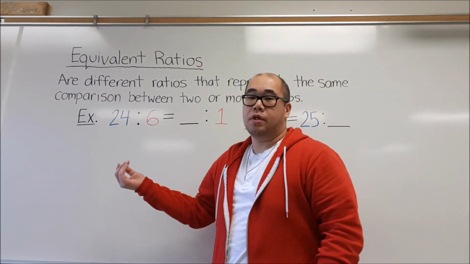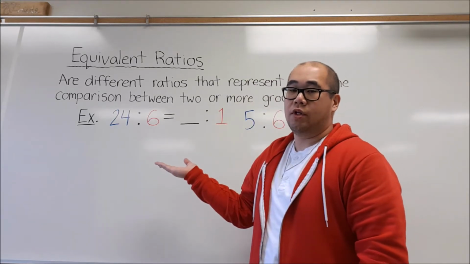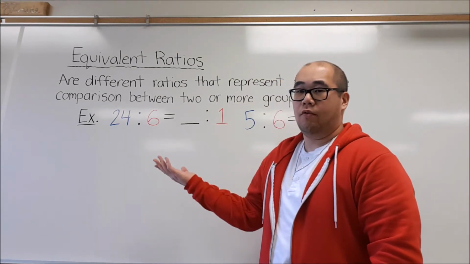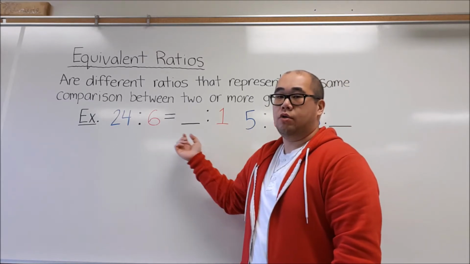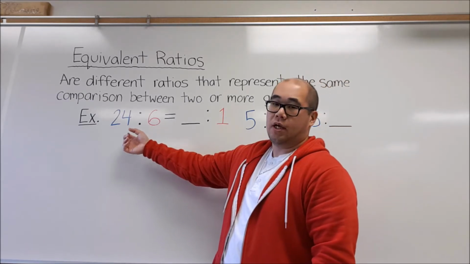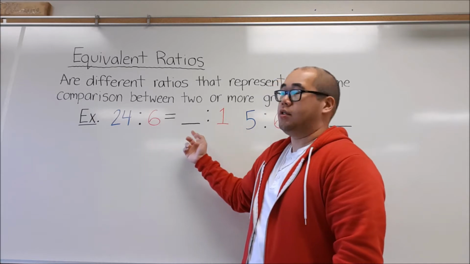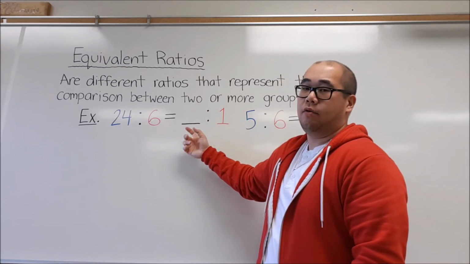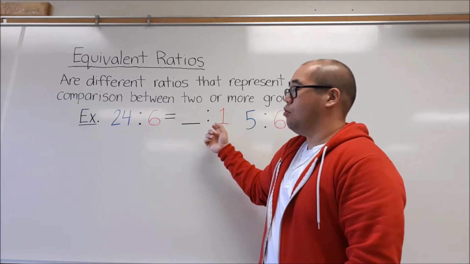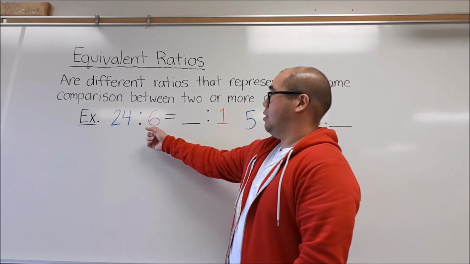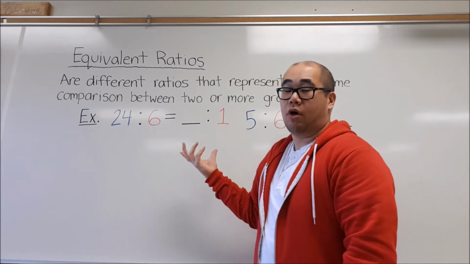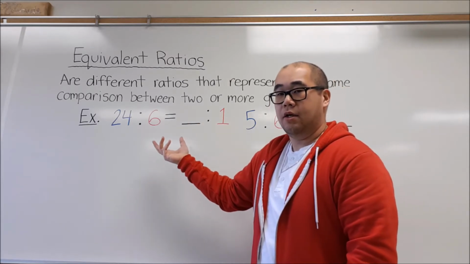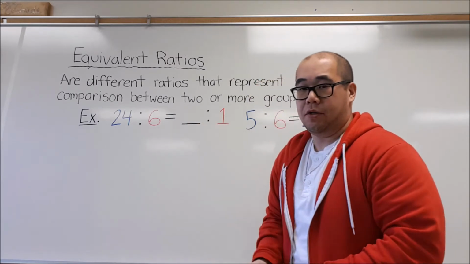I'm going to erase this here and show you some examples of questions involving equivalent ratios. So here I have two examples of questions that involve equivalent ratios. Just like equivalent fractions, we've got to take a look at the relationship between one ratio to another. This example here is 24 to 6 is equal to some other value to 1. So we're going to take a look at the red numbers here, 6 and 1, and use that to figure out if we're going to be multiplying or dividing these numbers to figure out the equivalent ratio.